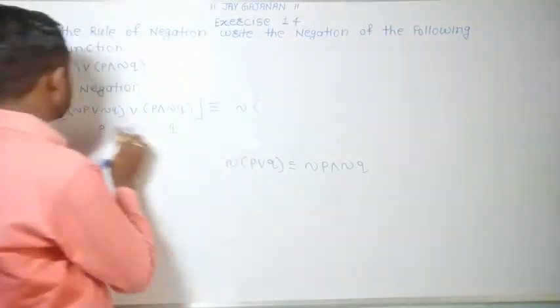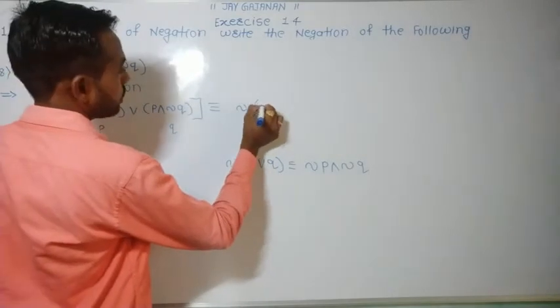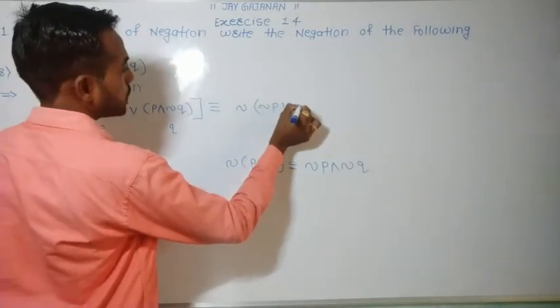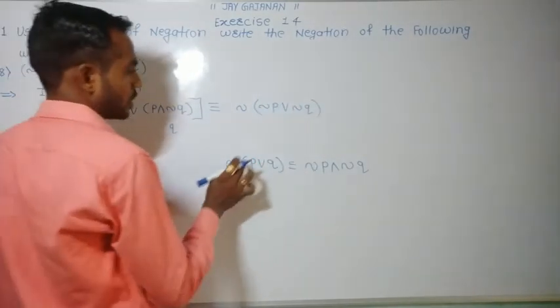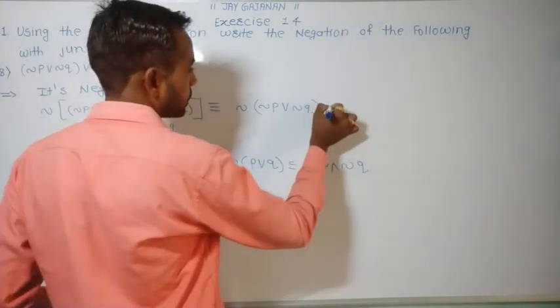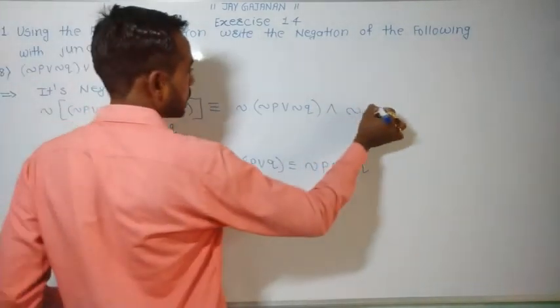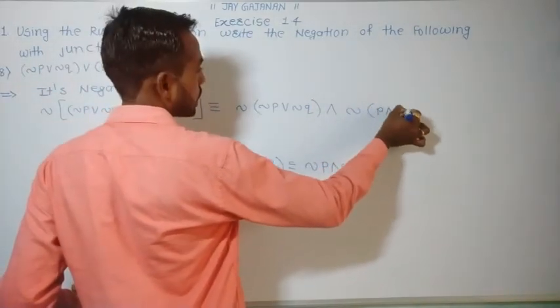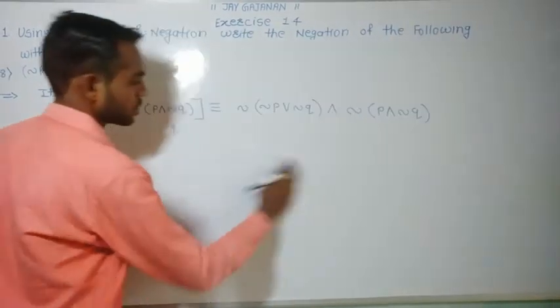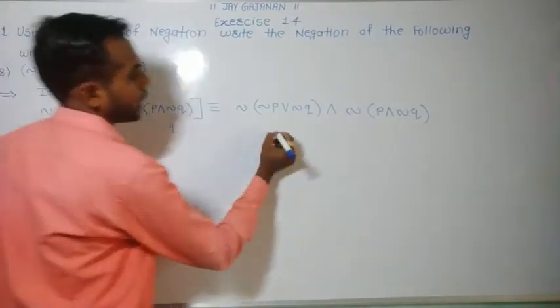Negation of P means the first bracket, negation P or negation Q, with or replaced by and. Negation of Q means the second bracket, P and negation Q, by De Morgan's law.